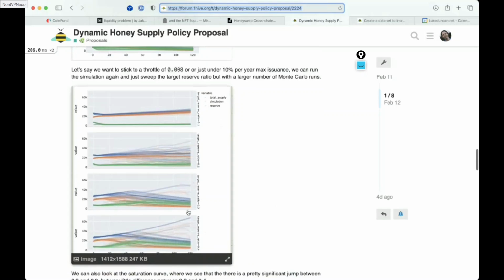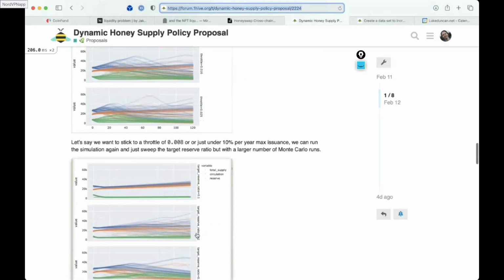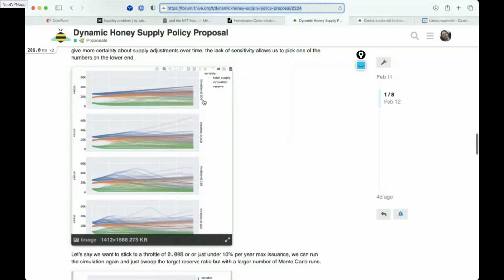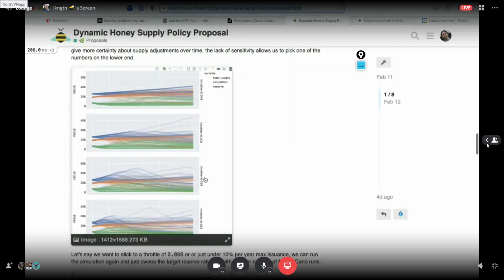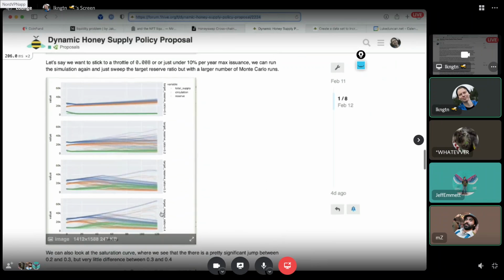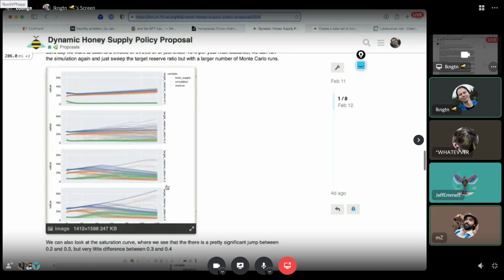When you go through these, you can see that the throttle is less sensitive to changes than, say, the target reserve ratio, where you have a pretty clear, consistent trend here, and a more consistent trend here, and lots of variability depending on what you set this value to.